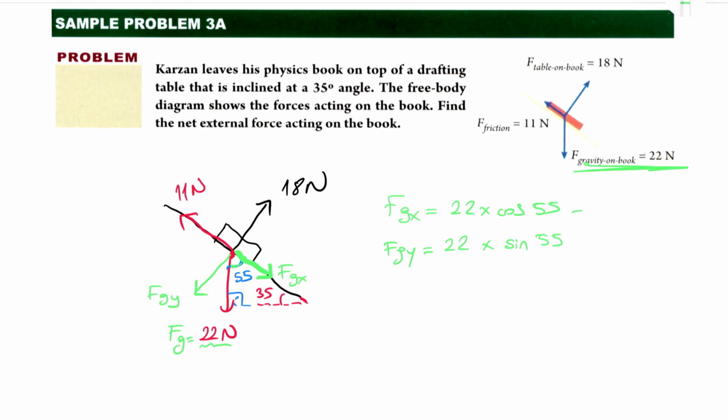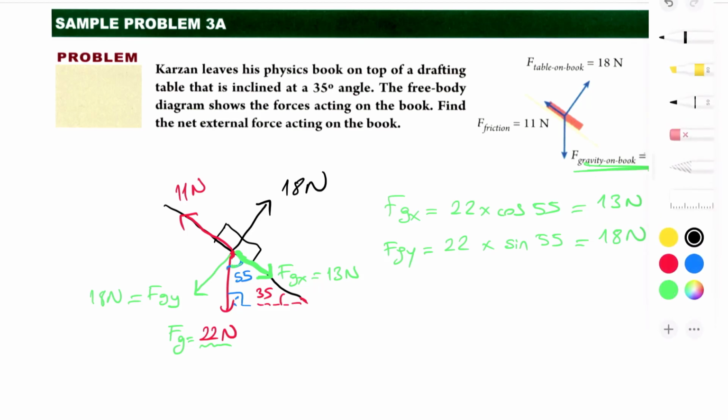If you use your calculator, Fgx will be 13 Newton, and Fgy will be 18 Newton.